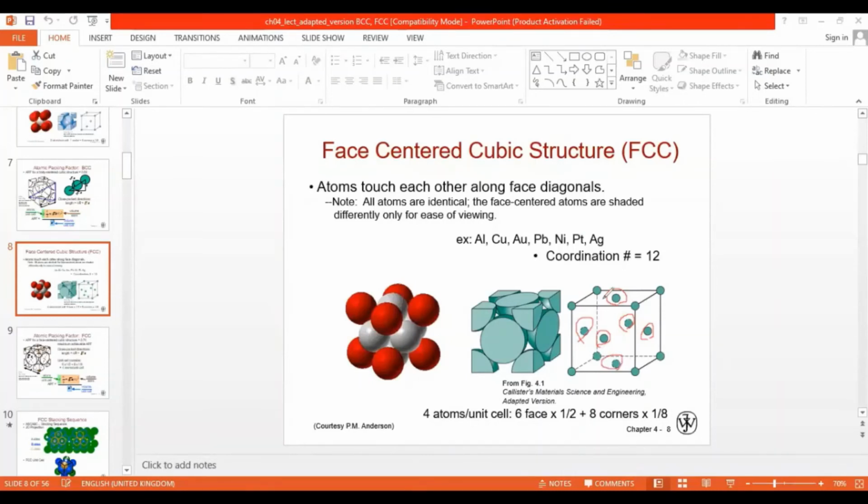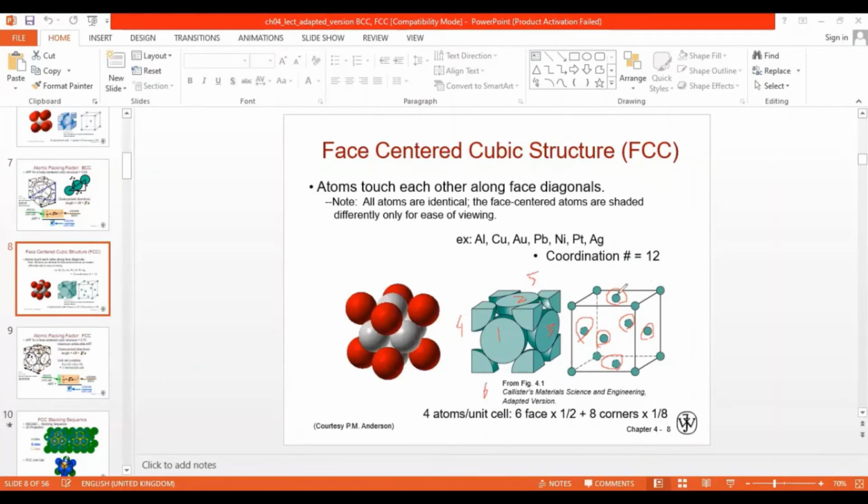So the 6 faces of the cube are made by 6 face atoms. 1 2 3, opposite to this side 4, opposite to this side 5, and opposite to this 6. This is why it is called face centered cubic structure, FCC.